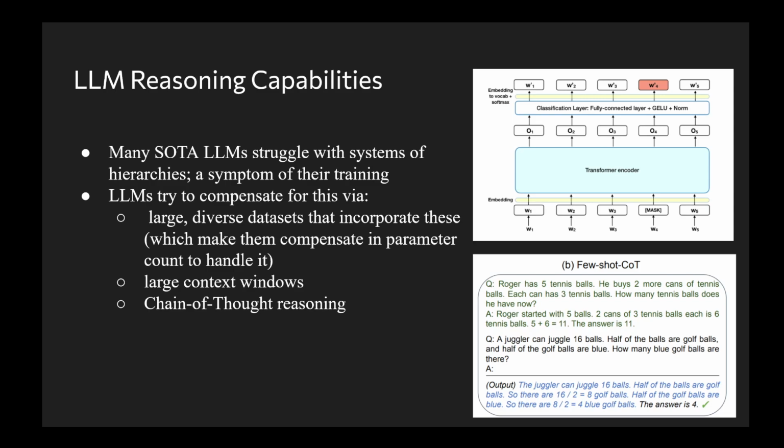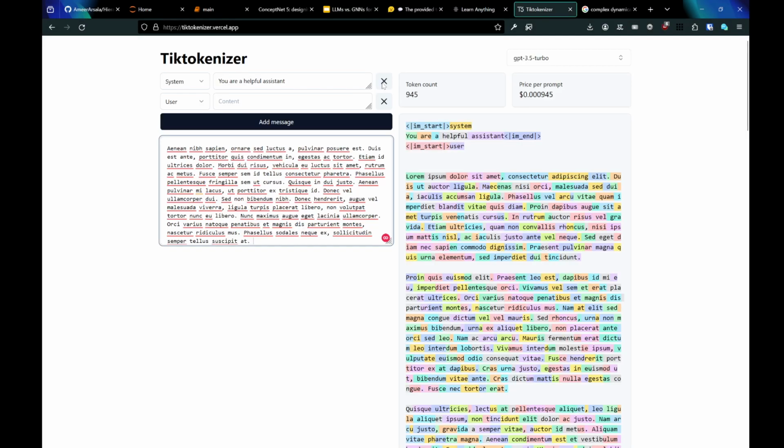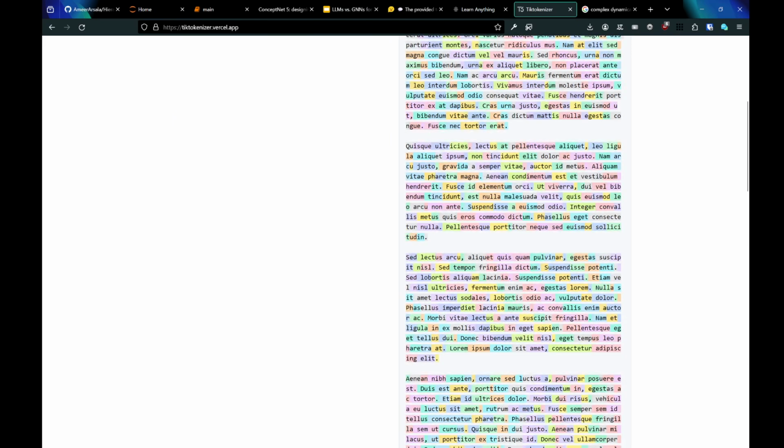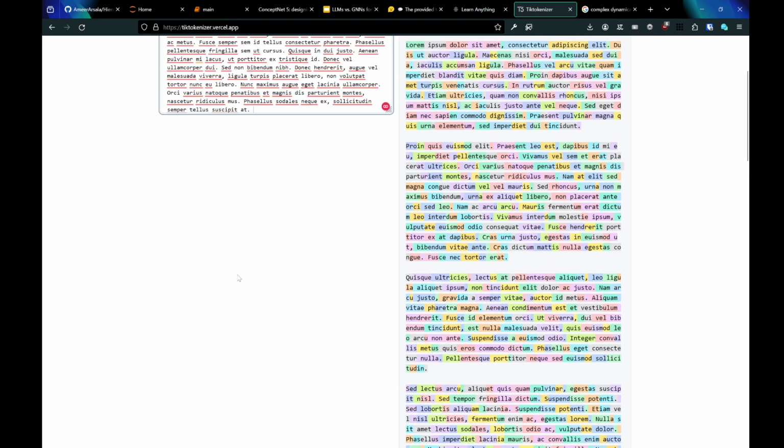To remedy this, there are a few ways the LLMs try to compensate. The main way is that they try to train on large, diverse data sets that incorporate these, but maybe before I do that, let me give an example of this dependency issue I'm talking about, with multiple interdependent hierarchies.